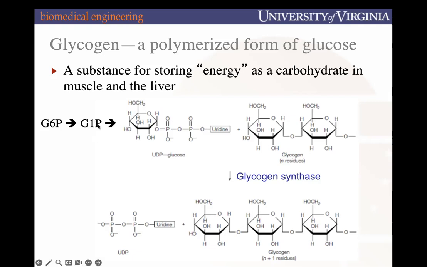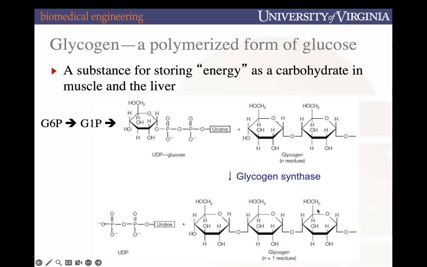Then uridine diphosphate, UDP, will be added on via an enzyme called UDP synthase. The combination of UDP with a single glucose molecule is the first building block of glycogen, whereby subsequent glucose molecules will be added to this building block and polymerized together via glycogen synthase to produce glycogen.